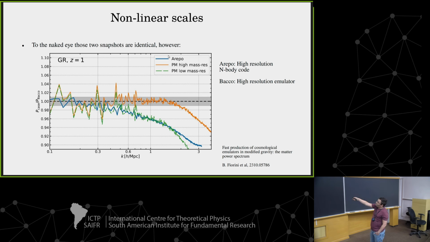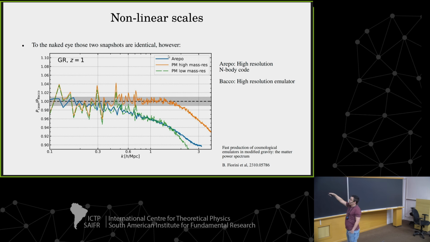When we go to, for instance, k equals 2, there is a percent-level deviation between the two. At the same time, when we use an increased mass resolution, the same particle mesh simulation gets a below percent agreement at k equals 2 with a higher resolution code. At z equals 1, exactly. At z equals 0, I expect this to be between 1 and 2.